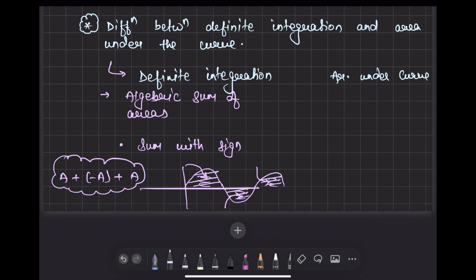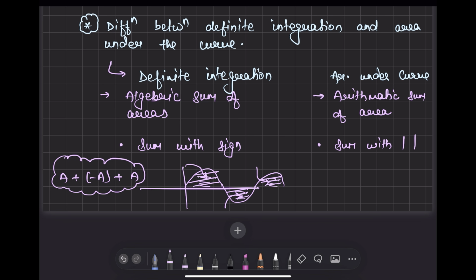If you solve the same situation in area under the curve, it will give you the arithmetic sum. Arithmetic sum of areas. Arithmetic sum means sum with mod.